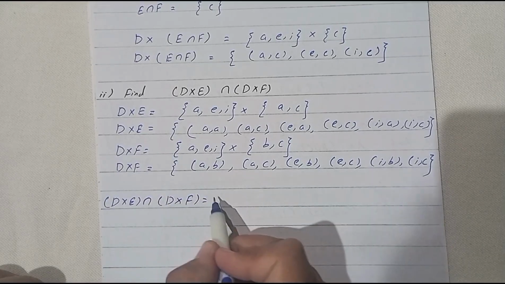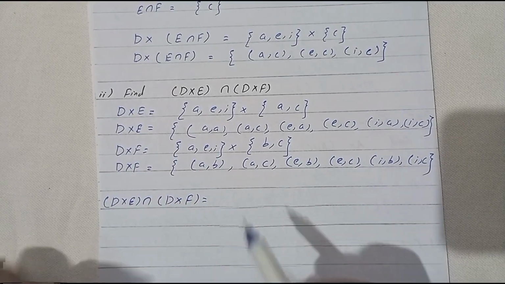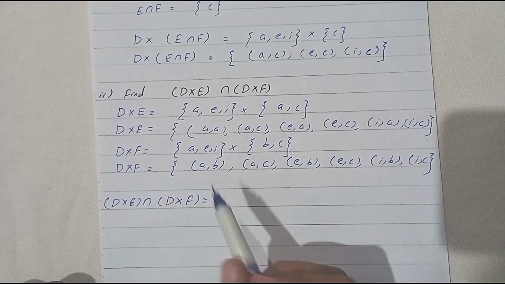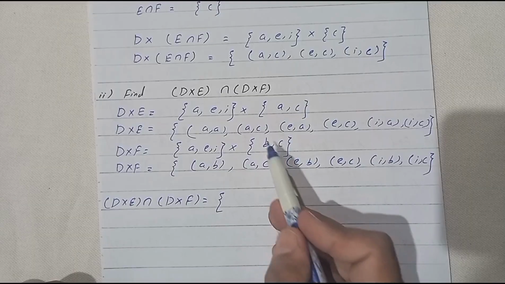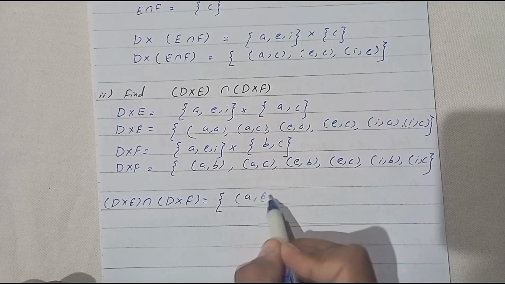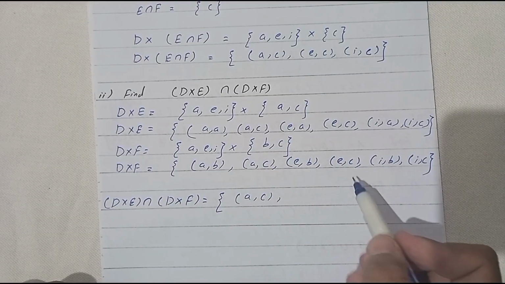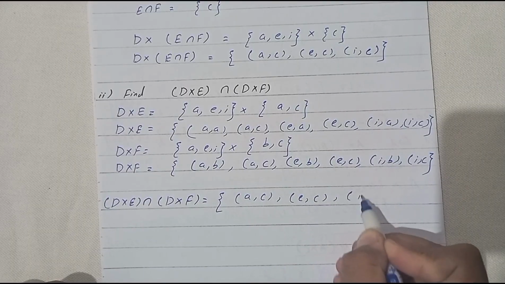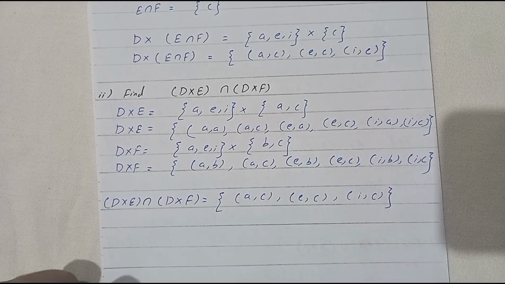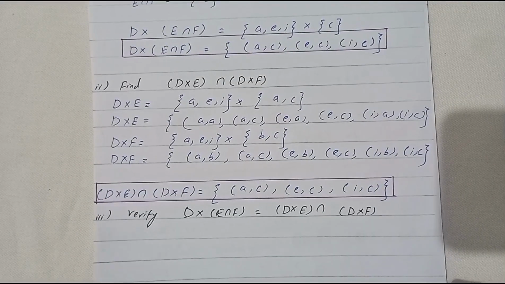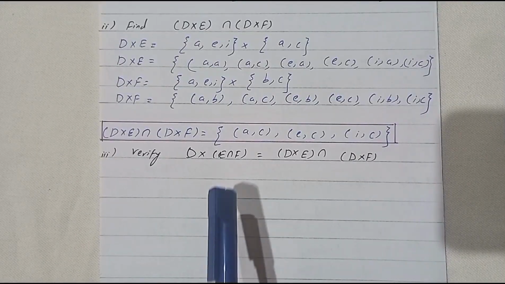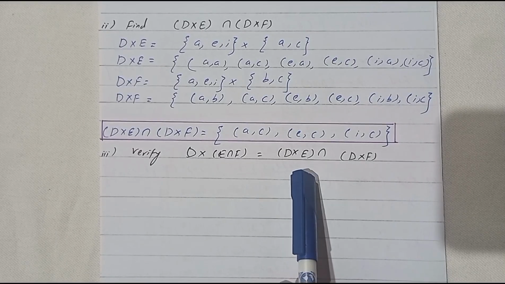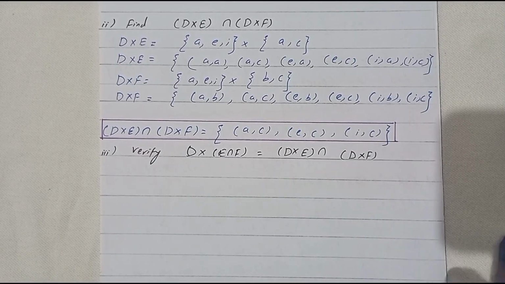So here you can see the common elements are, first, A comma C, so we write it as AC. Second is EC, and the last one is IC. Now in the third part we have to verify that the cross product of D and E intersection F should equal the intersection of both cross products DE and DF.